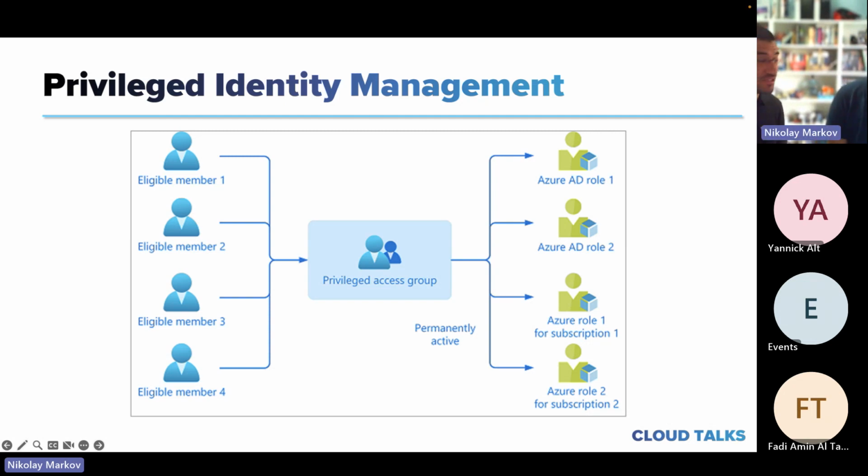This feature is a pretty nice addition. In the past, there were a lot of third-party organizations doing similar stuff, controlling the elevated administrative access coming from the on-prem world.